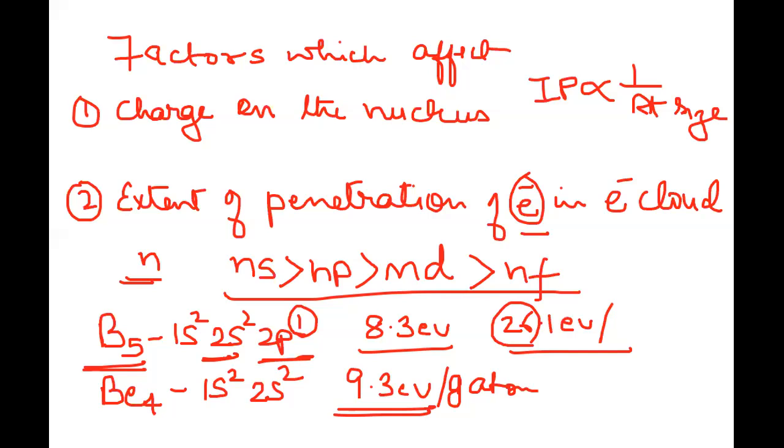The smaller value of boron compared to beryllium can be explained on both points. These exceptions you also have to learn, which is why I am doing this. Now you come to the third important point, that is, the completely filled or half-filled stability.